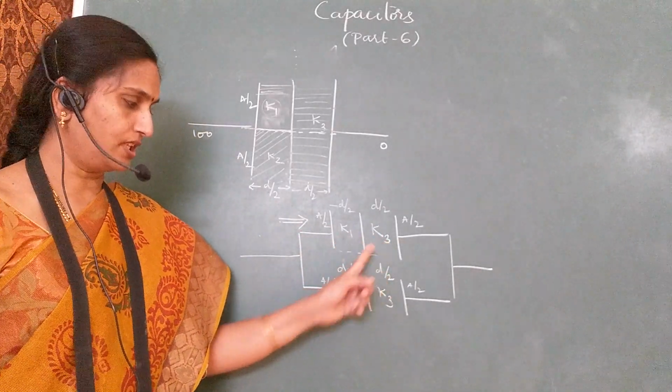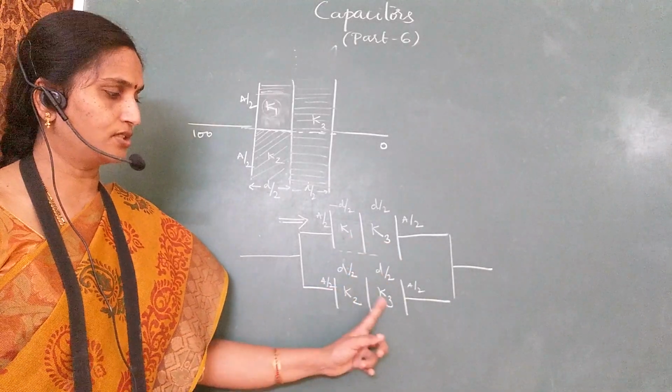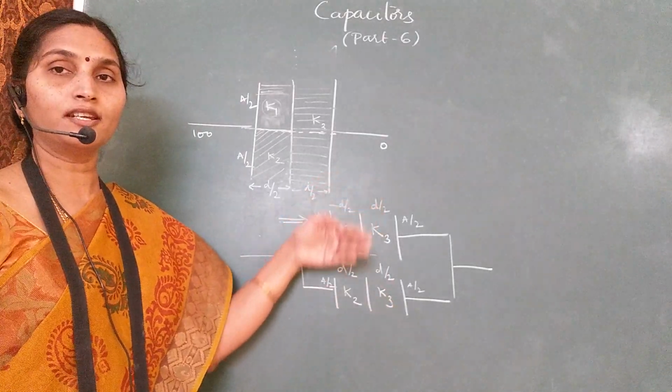C1, C3, C2, C3. These two are in series. These two are in series. The combination is in parallel.